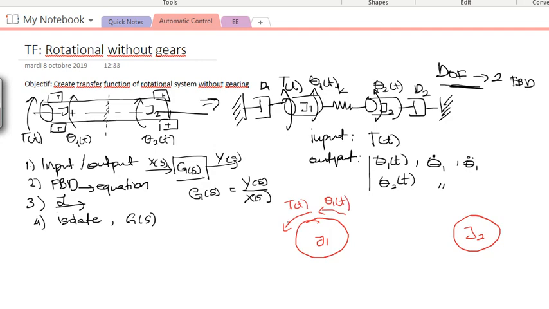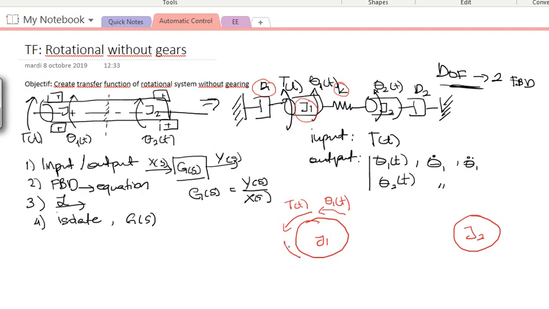So we have the input torque T, and the other forces that react on J1 are, if we see here, D1, which is directly connected to it, a force due to its inertia J1, and a force due to the spring K. All the forces basically are what we call impedances or resistant forces that resist the movement of the input.